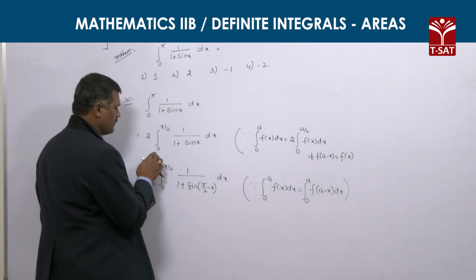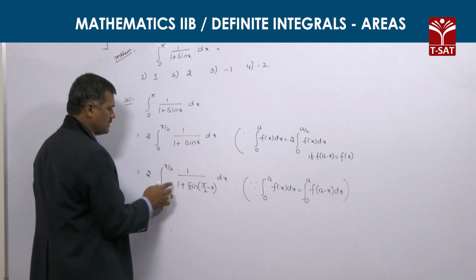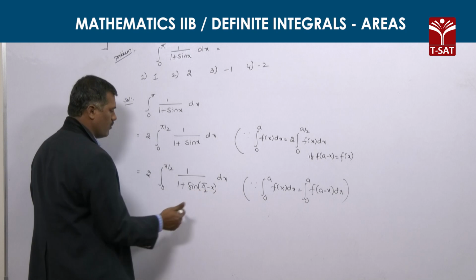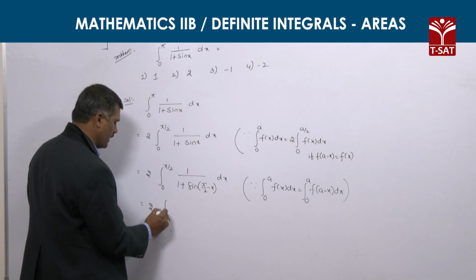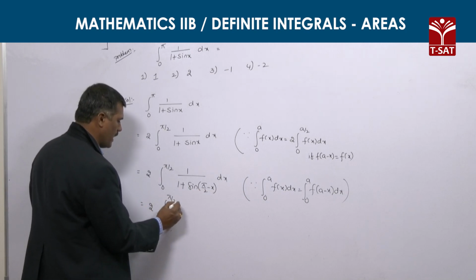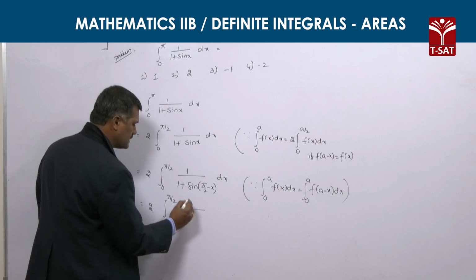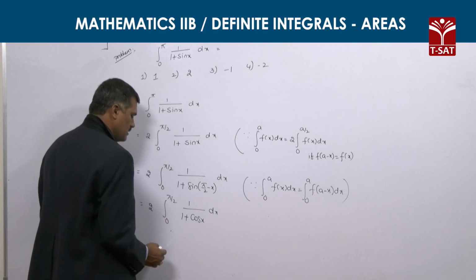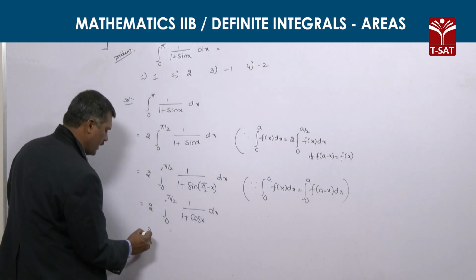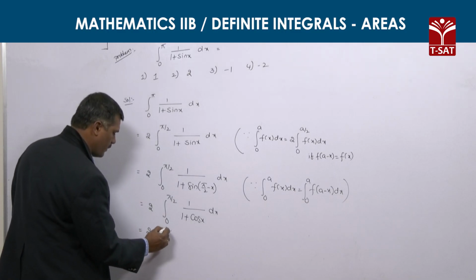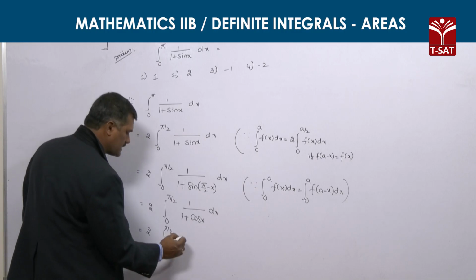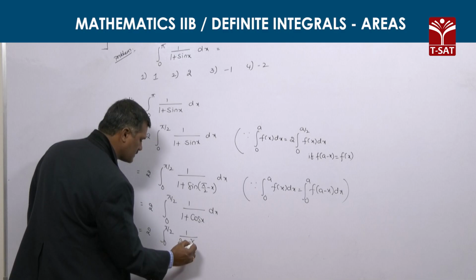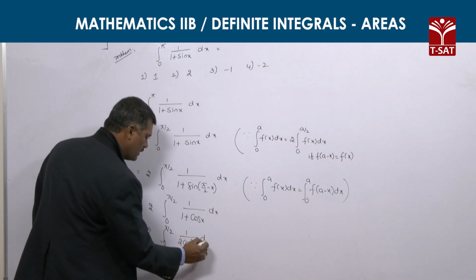Integral of 0 to a f of x dx is equal to integral of 0 to a f of a minus x dx, so 1 by 1 plus sin of pi by 2 minus x, that is equal to 2 into integral of 0 to pi by 2 1 by 1 plus sin 90 minus x, which is cos x, dx. That is equal to 2 into integral of 0 to pi by 2 1 by 1 plus cos x, and 1 plus cos x is equal to 2 cos square x by 2, dx.